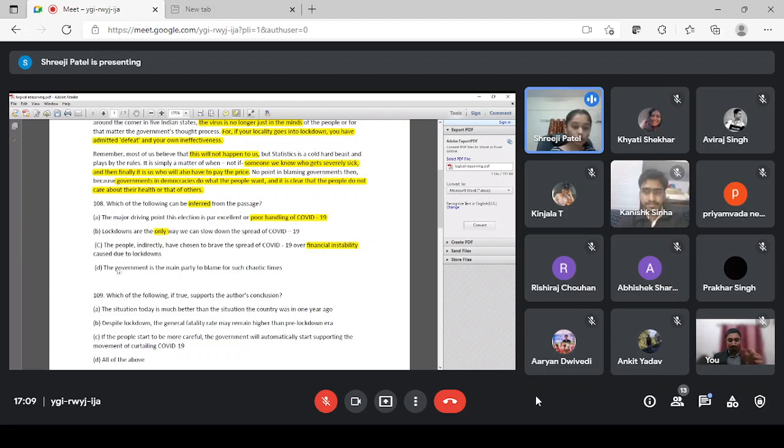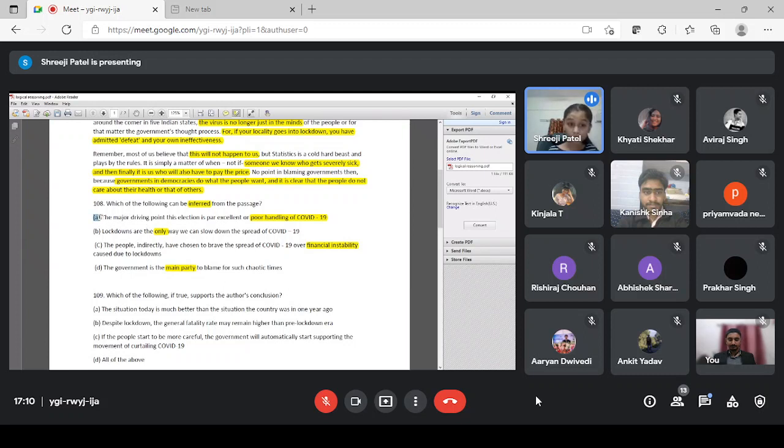And if we go with the fourth option, the government is the main party to blame for such chaotic times. In the last line, it was written that we cannot blame the government. So this option is directly in contradiction with that line. So after going through the four options, we found that these three are really extreme. Therefore, these three cannot be our answer.